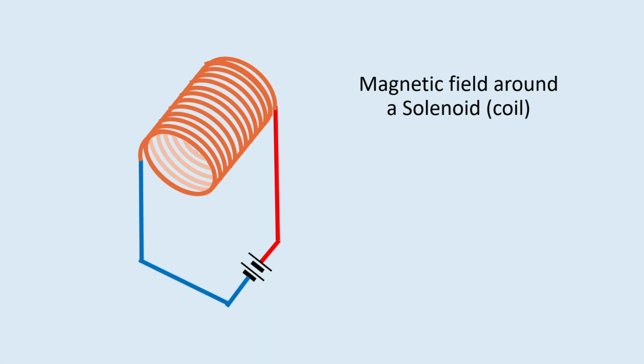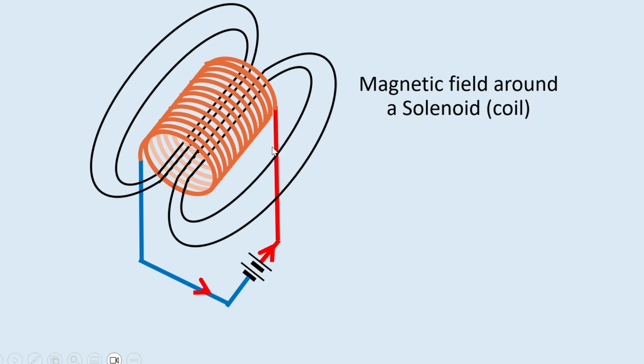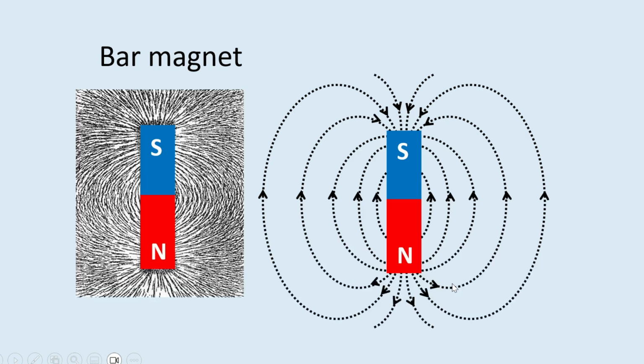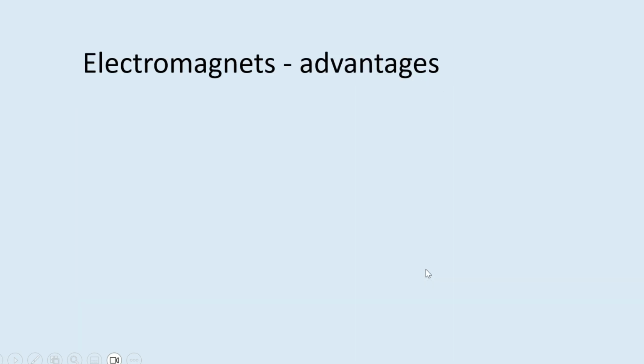The magnetic field around a coil, commonly called a solenoid, when the current flows, it gets magnetic field lines that look like that, much like a bar magnet. And you can make it stronger by inserting an iron core in the middle, adding more coils and increasing the current. That's just to remind you that that shape of the field looks like the previous slide.